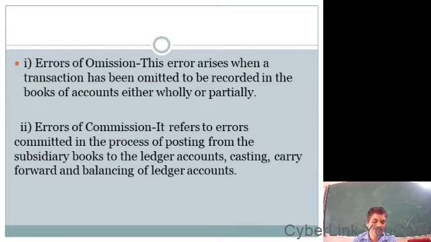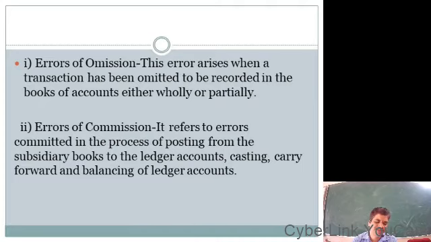Now we'll see some examples pertaining to errors of commission. The first example may be a purchase invoice for rupees 1250. The invoice mentioned price is 1250, but it was entered in the purchase book as rupees 1520. So here we are observing the interchange between the digits.